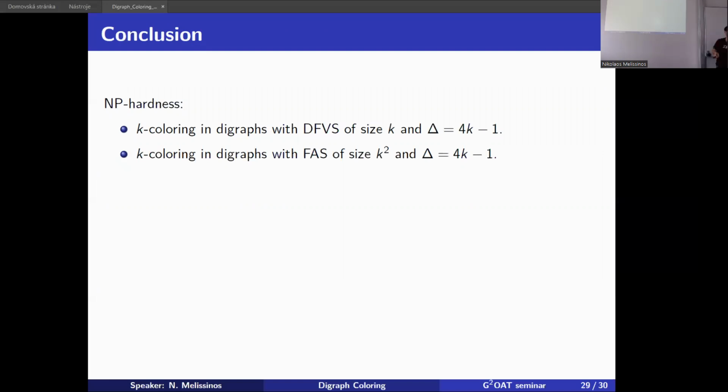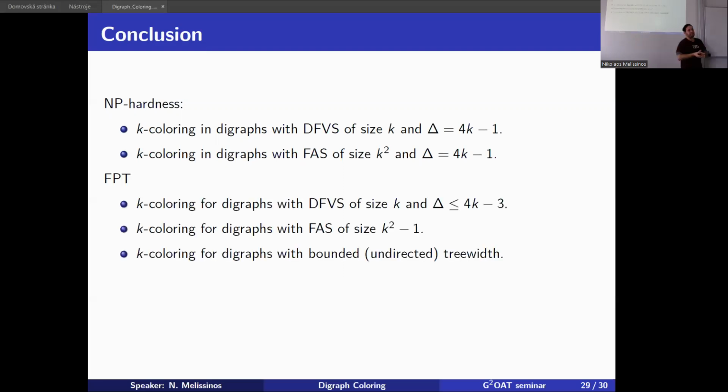Okay, so what we did was we saw that graph coloring is NP-hard for directed graphs with directed feedback vertex set of size k, even if the maximum degree is k minus 1. We saw the same for feedback arc set of size k square.